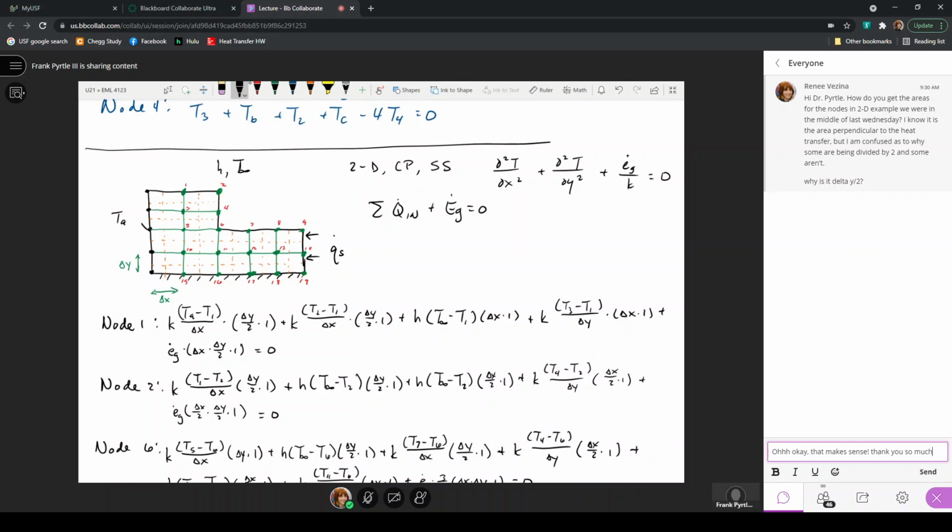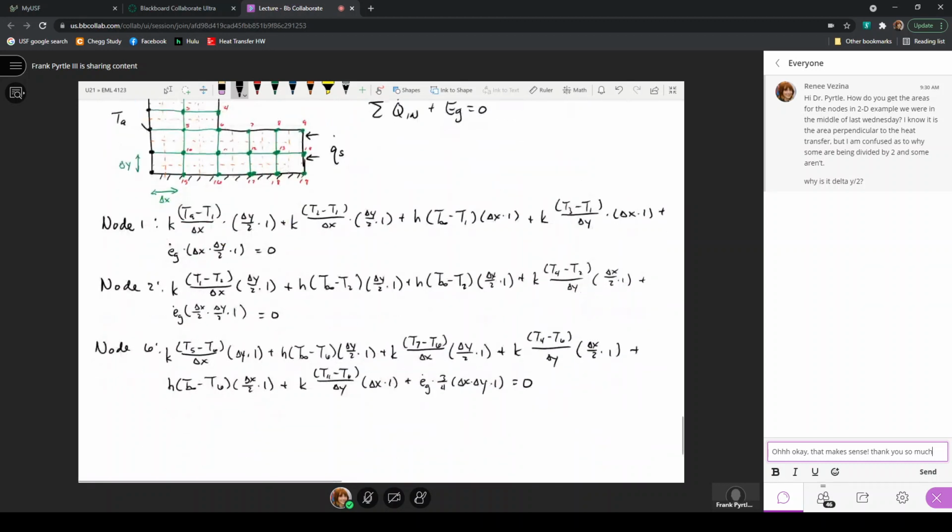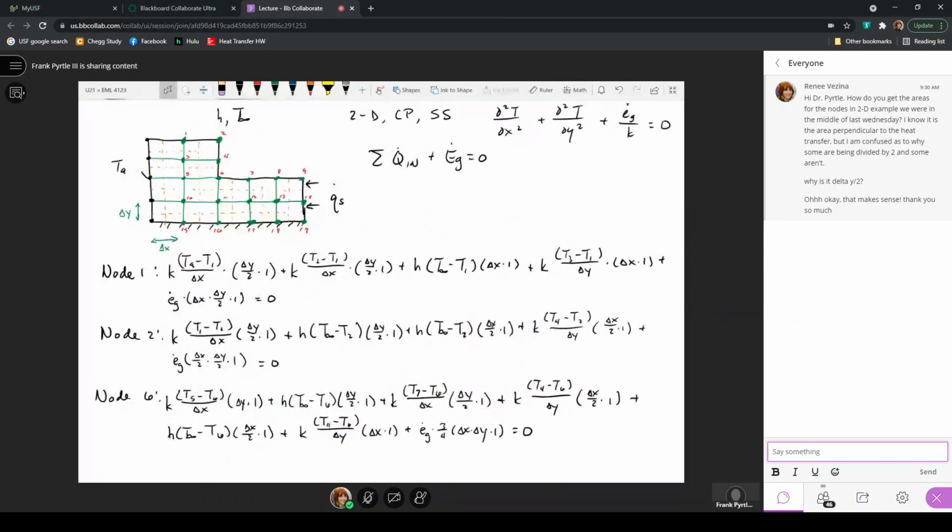So I rewrote equations for nodes 1, 2, 6, this inside corner node, and that was the last one.